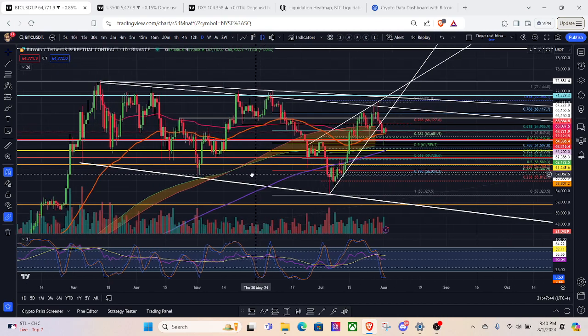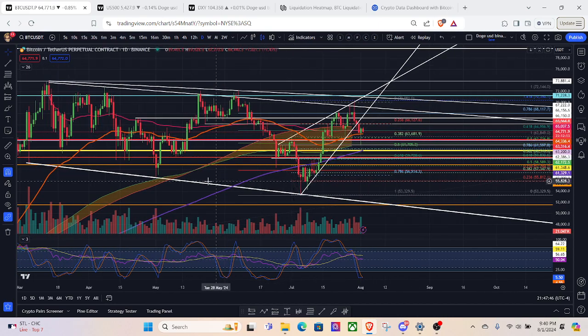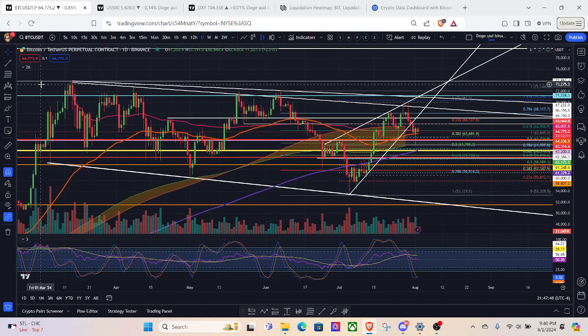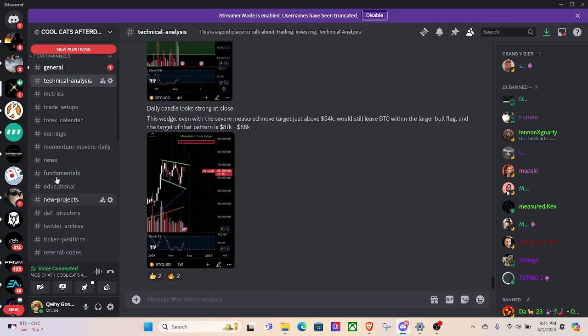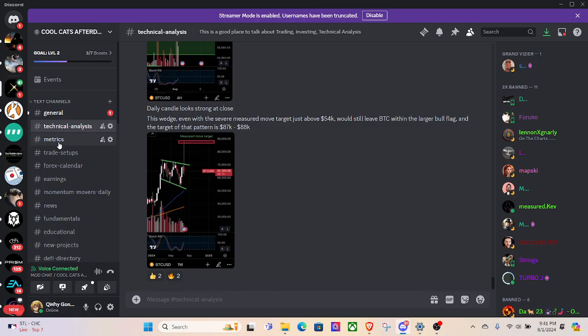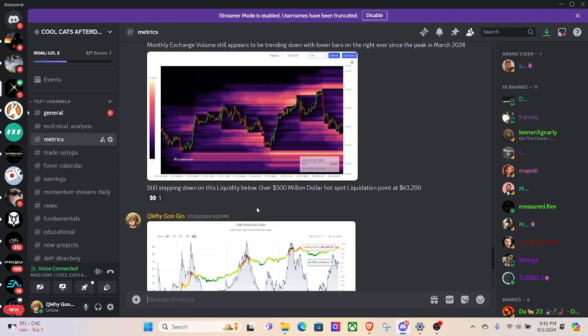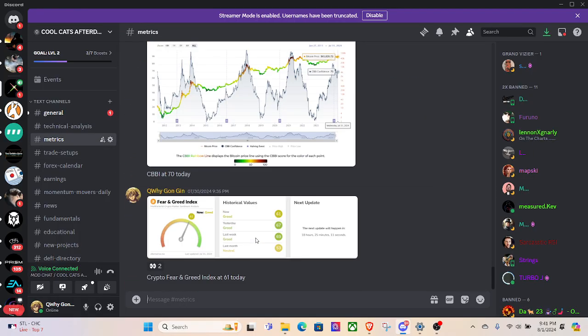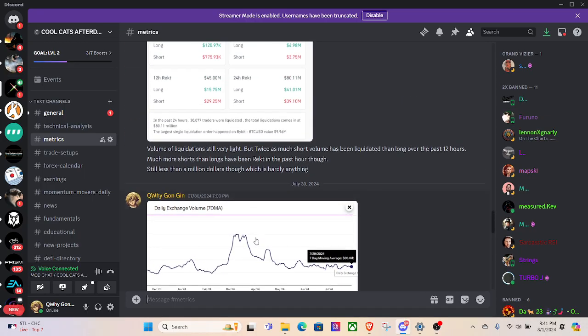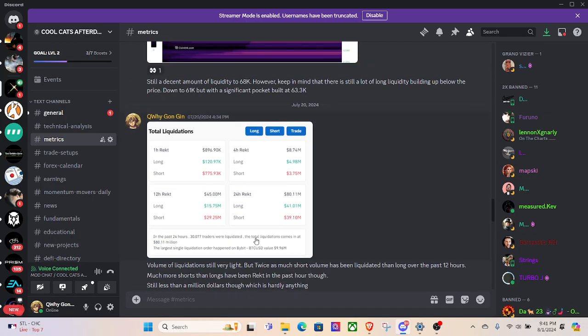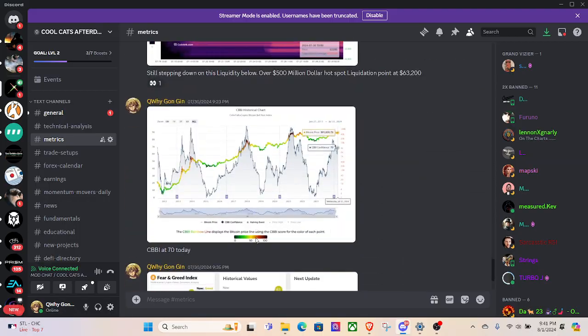But I don't think we go too much lower. I think in the 60,300 range, close to even 50, I'd say 58.5, 59, right there could be the bottom.